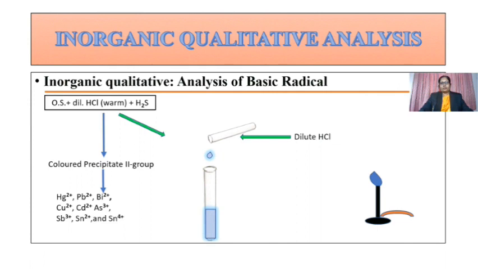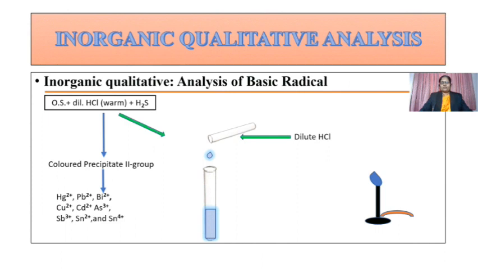For the detection of radicals of the second group, if the original solution is prepared in HCl, then use a fairly dilute solution. That means take 2 ml of original solution, add 2 ml water to it and then use this solution for the detection of the second group radical.